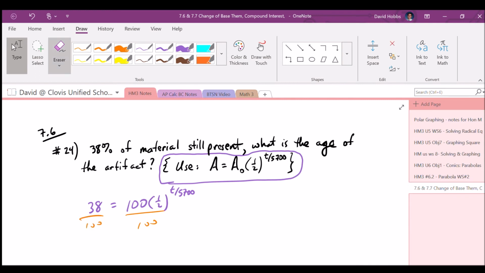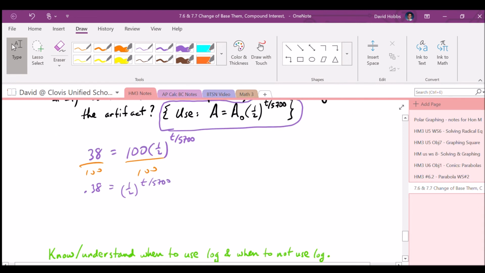After one step, we would have 0.38 equals 1/2 to the T over 5700. My unknown is up in the exponent, so I might need logs. So log, my base is 1/2, and equal sign, and T over 5700 is on the other side, and 0.38 right there.